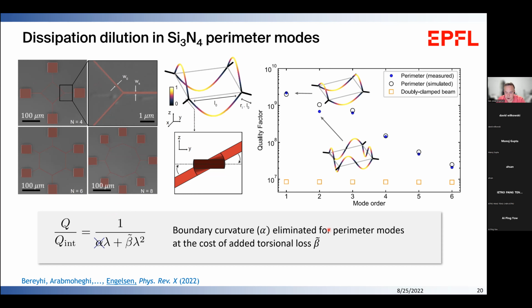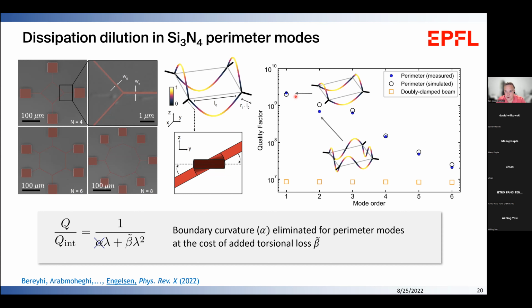So this boundary curvature that limits us is eliminated for these perimeter modes, at the cost of some added torsional loss. When the mode vibrates like this, it twists the tethers. So this is when you look at the tether from in the plane. The tethers are twisted. This adds a bit of loss, but we still get a good enhancement due to this soft clamping effect.